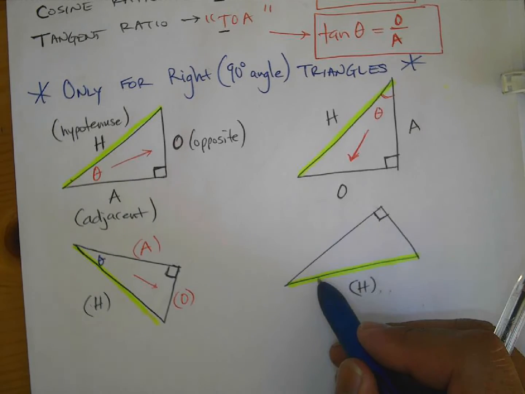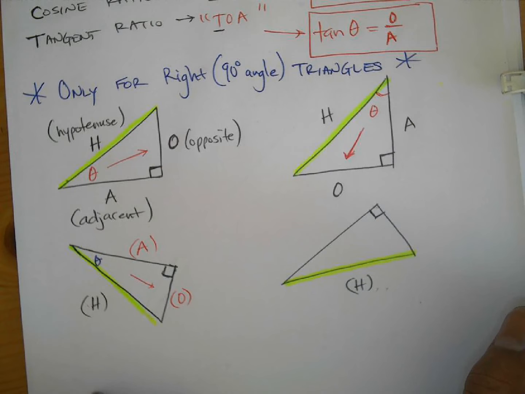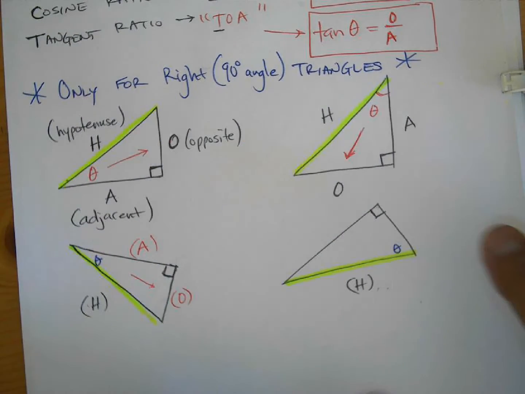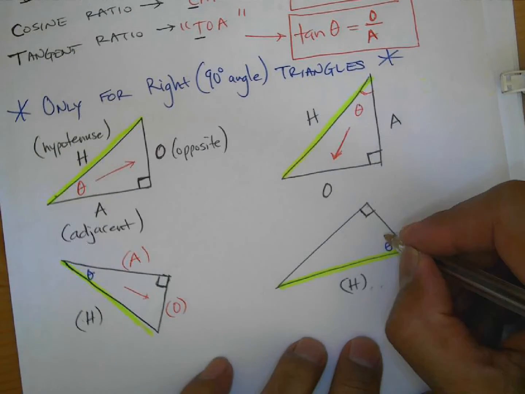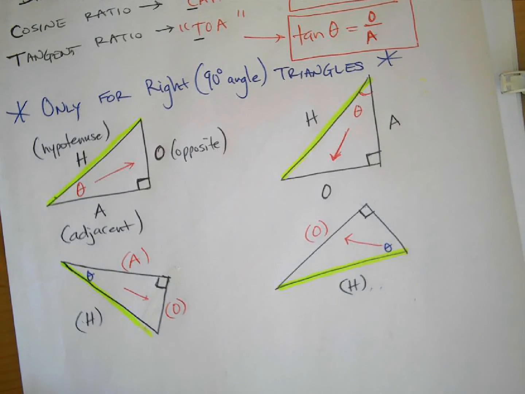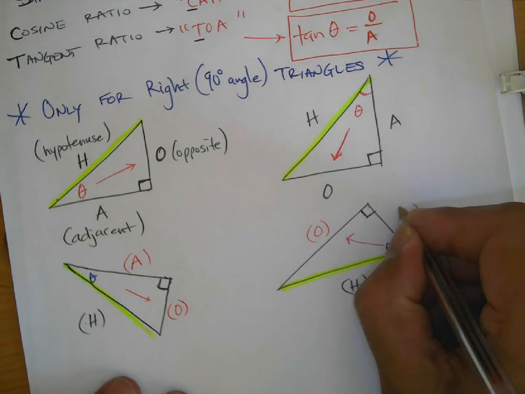And similarly here, you have to look and see which is the angle you're looking at for this triangle. If I make this the angle here, and I look across, that makes this one the opposite side. That's the hypotenuse, that's the opposite, that makes this the adjacent side.